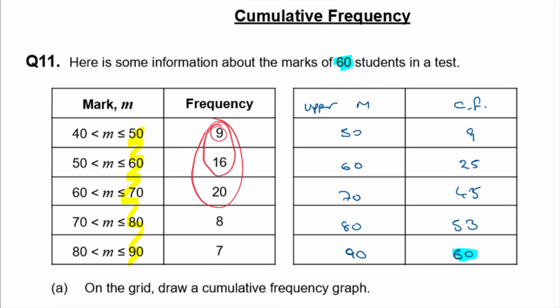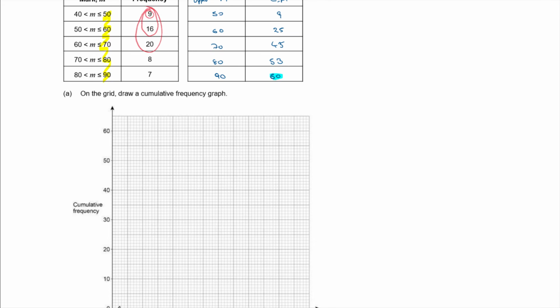So it's time to start plotting these values then. Now my first point to plot is 50 against 9, but I can actually plot a bonus point at the lower class bound of my first group there. So I am going to plot an extra point at 40, 0 here, because there was nothing less than 40, because it's the lower bound of the lowest group.